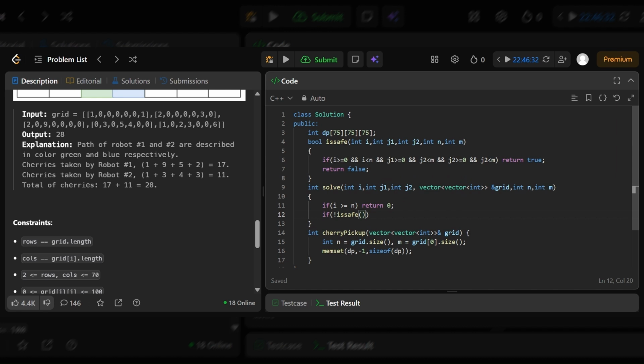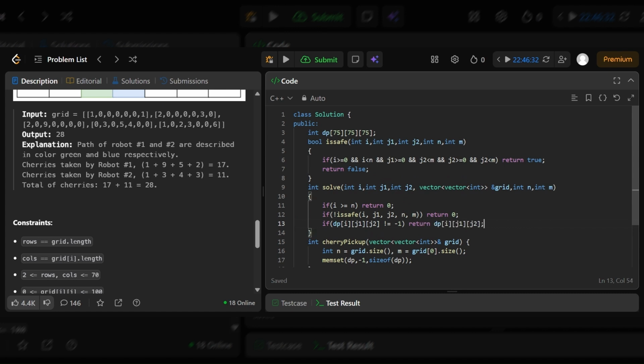Okay, so if not is safe, with i, j1 and j2 with this n and m, then also will return 0. If dp of i, j1, j2 is not equal to -1, will return dp of i, j1, j2.